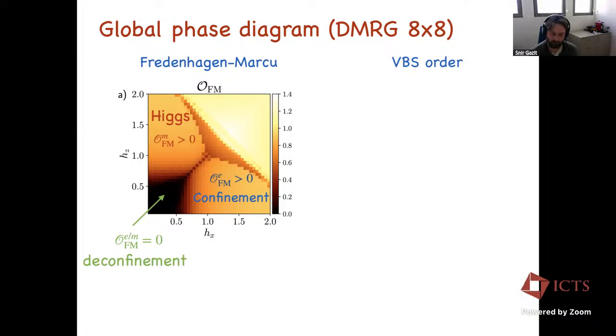But if for some reason the lattice unpins, and that could be the result of activating a small hx, you would destroy basically the Higgs phase. Of course you completely lose all these beautiful self-dualities in that setting, but the physics of the Higgs transition, for example, can be rather intriguing.